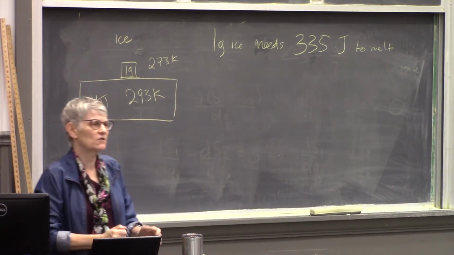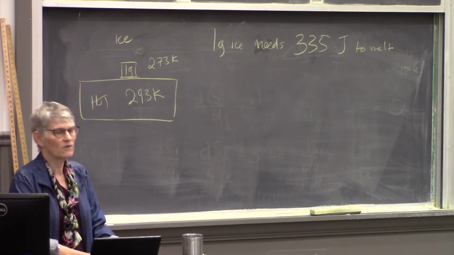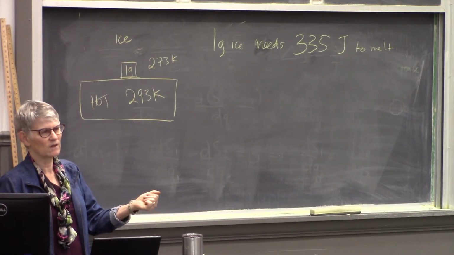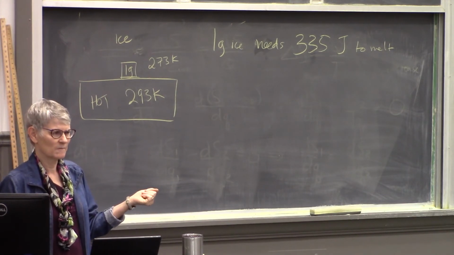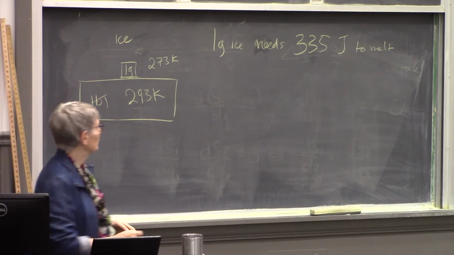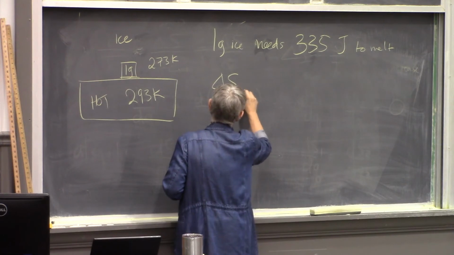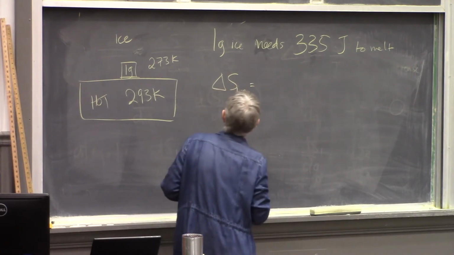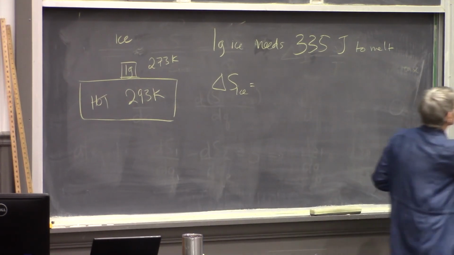So let's calculate the change in entropy of the ice, the change in entropy of its surroundings, and the change in the entropy of the universe, meaning the ice plus its surroundings. So the change in entropy of the ice is equal to, how are we going to calculate that? We lost our definition of temperature.